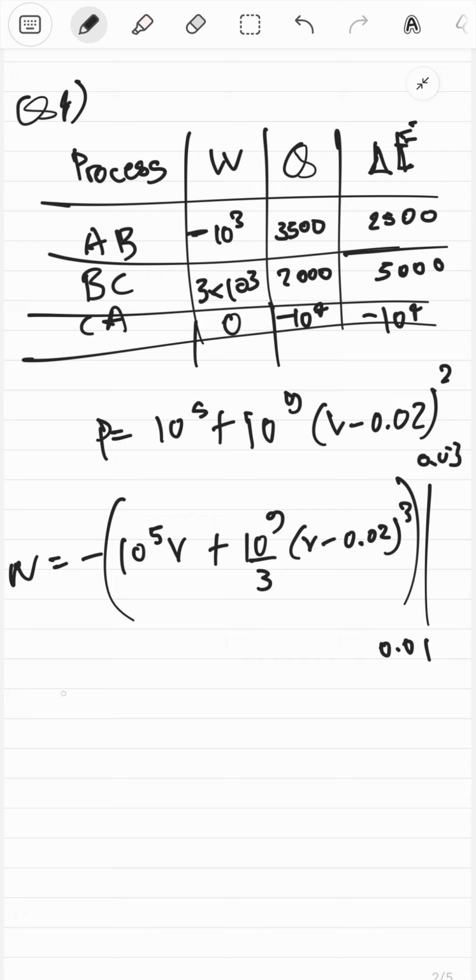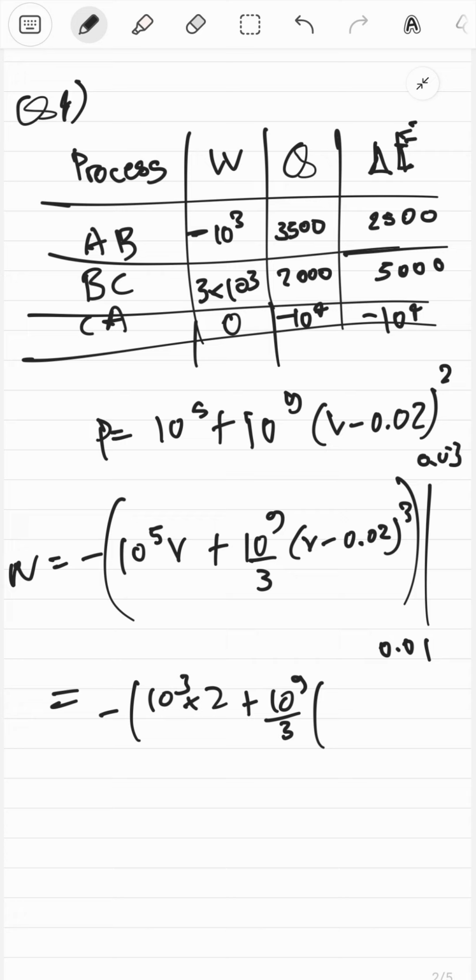Which is like what, so just going to plug stuff in. So it's minus of 10 power 5 times 0.02, that's going to be 10 power 3 times 2, plus 10 power 9 upon 3 times the cube of that.